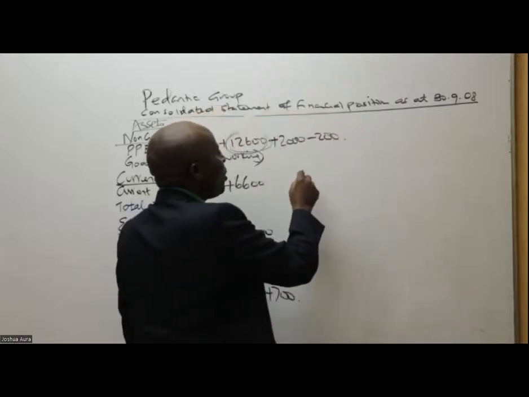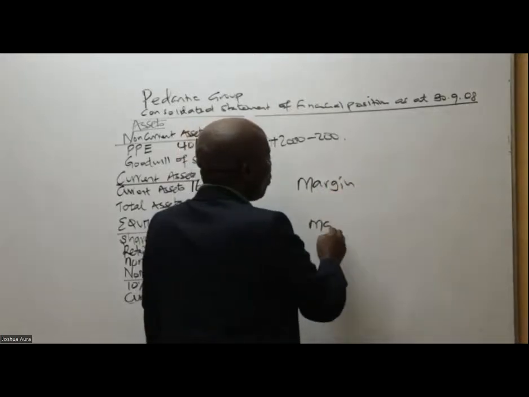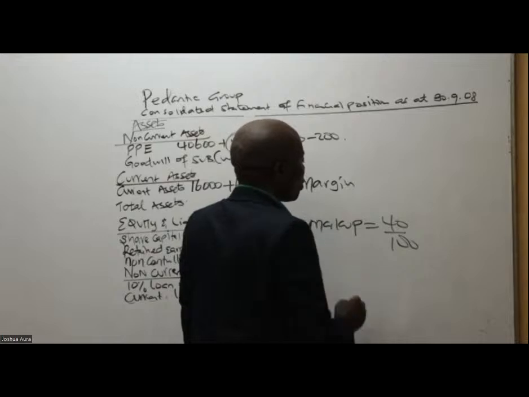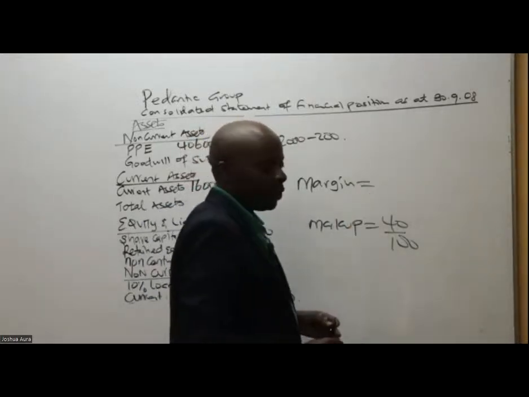Whenever I see markup, I must change it to margin. So markup is 40 over 100. When markup is 40 over 100, could you kindly give me the value of margin?